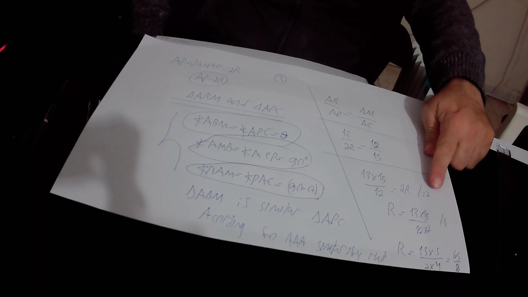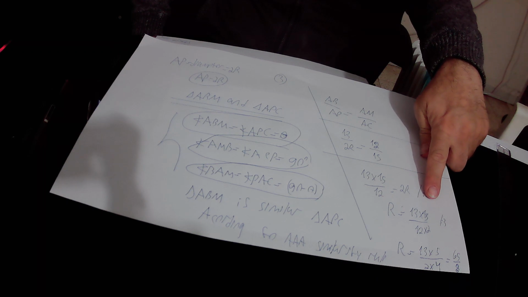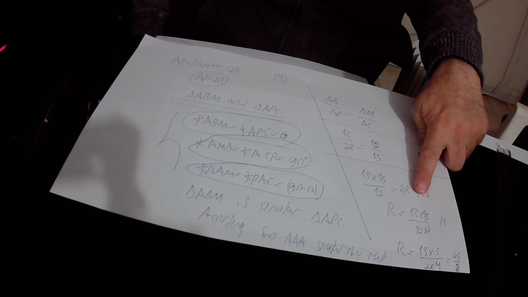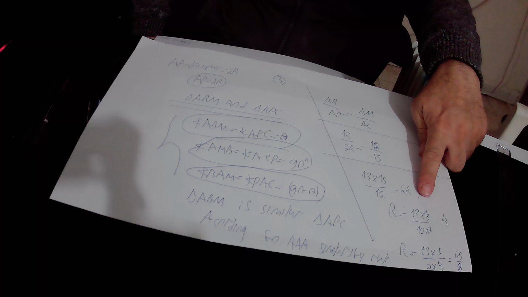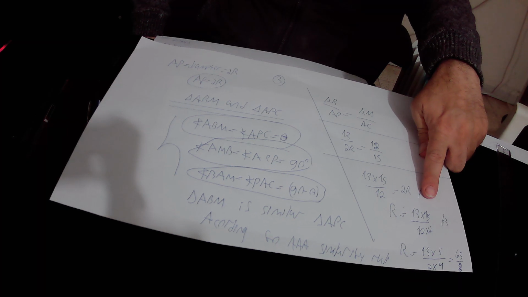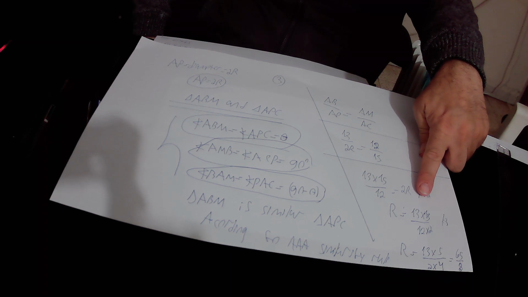Okay, here we divide both the numerator and the denominator of this expression by 3. In the numerator we have 13, and we divide 15 by 3. 15 over 3 is 5. So in the numerator we are left with 13 times 5.